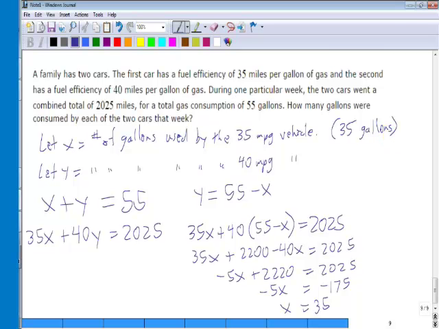We should be able to subtract from 55 then to get the number of gallons consumed by the 40 mpg vehicle. So how many gallons? 20? There we go.